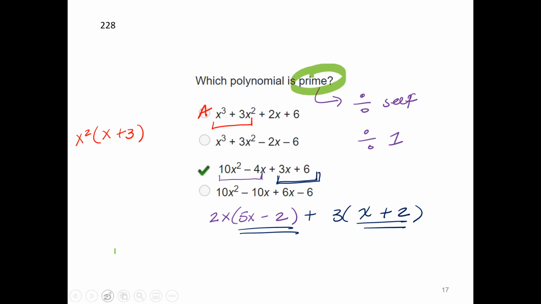And then if I take a look at this part right here, between a 2x and a 6, what can I take out? I could take out 2, which will leave me with x plus 3.